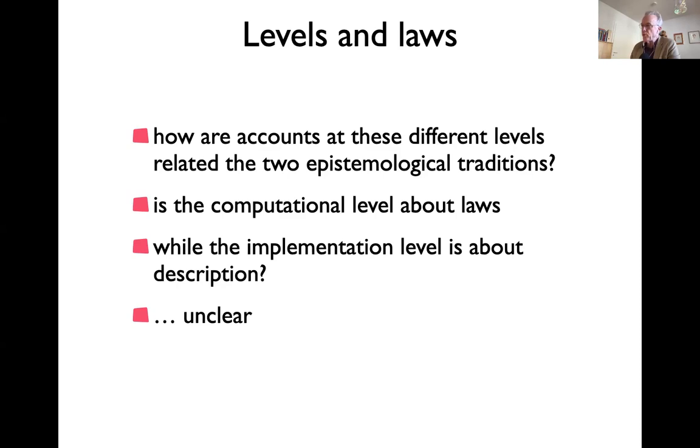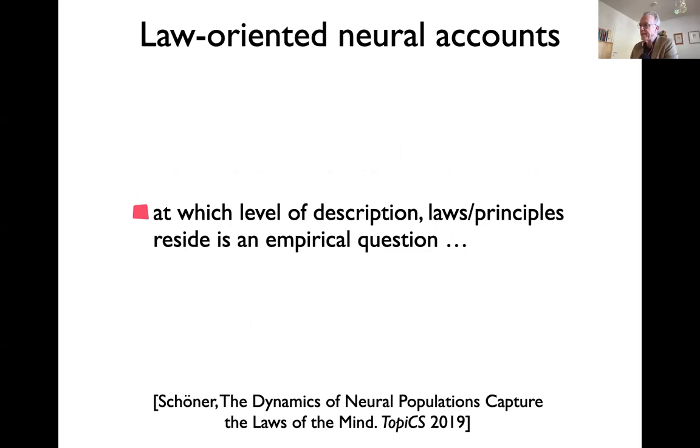So I think the tension between these epigenetic transitions and neuroscience, cognitive science as sort of an interface between neuroscience and behavioral science, doesn't go away easily. And so I've argued that it's actually not a priori clear at which level the laws reside.